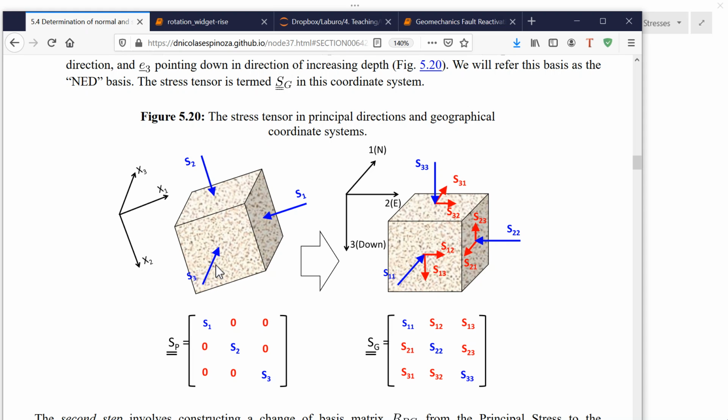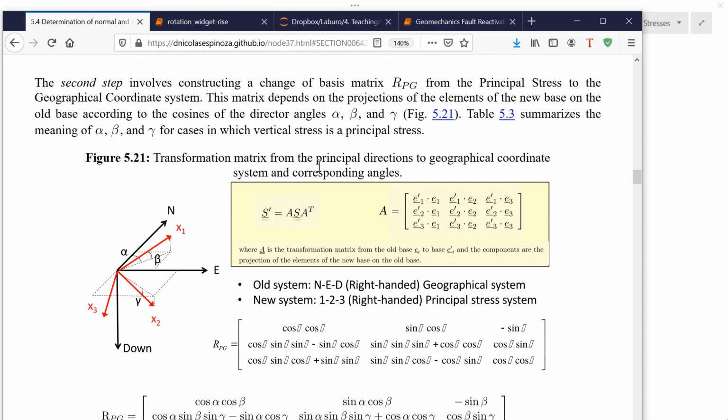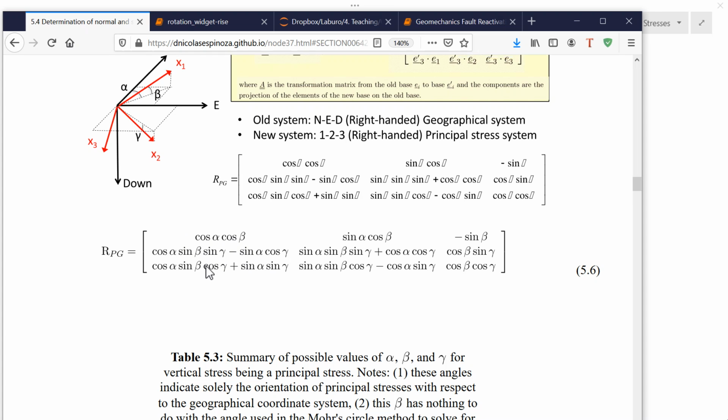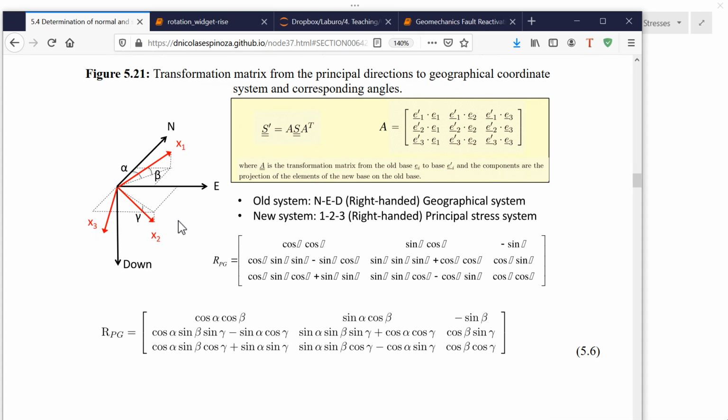We have a matrix and a tensor written in the coordinate system of the principal directions, and then we're going to write that in the coordinate system of the northeast and down. So the matrix is going to be this one that involves multiplication of cosines and sines of alpha, beta, and gamma, and it means the projection of one coordinate system into the other.